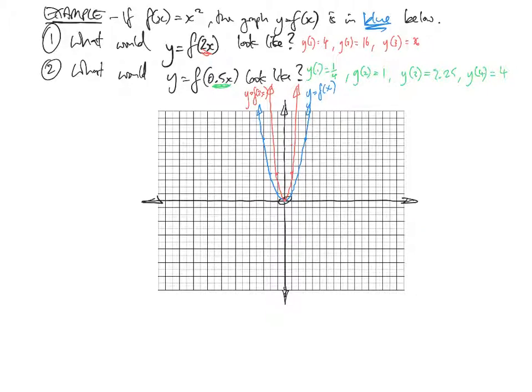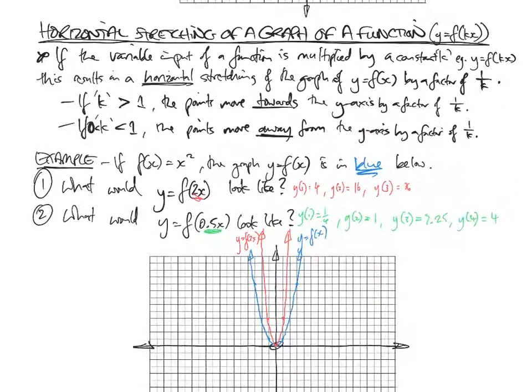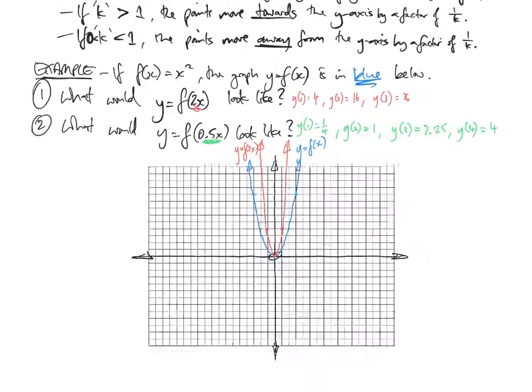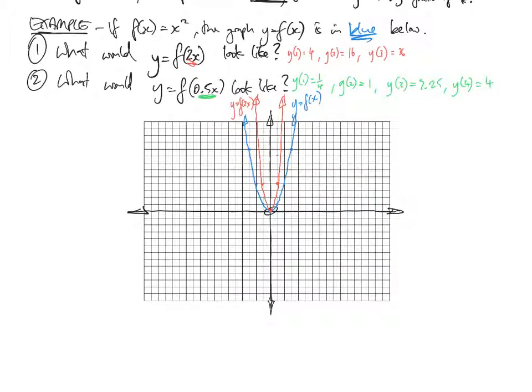Okay, so you should be able to see that when k is between 0 and 1, it's multiplying the variable in a function, the points all move away by a factor of 1 over k. So at x is equal to 1, y is going to be a quarter. At x is equal to 2, y is going to be 1. At x is equal to 3, y is going to be 2 and a quarter.